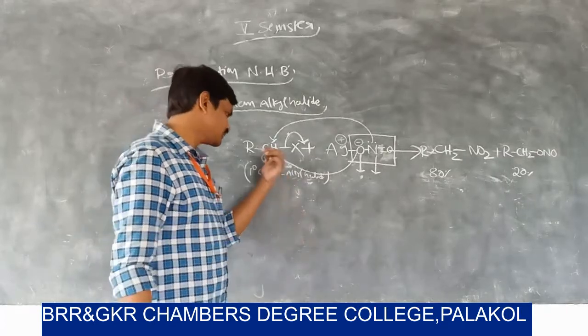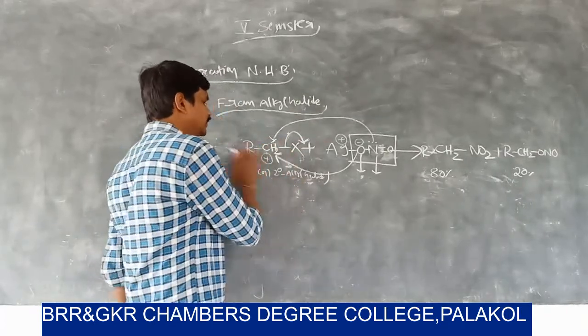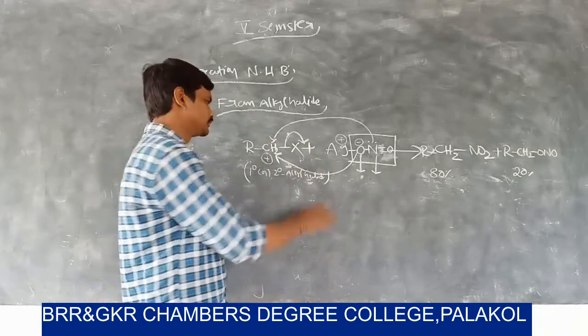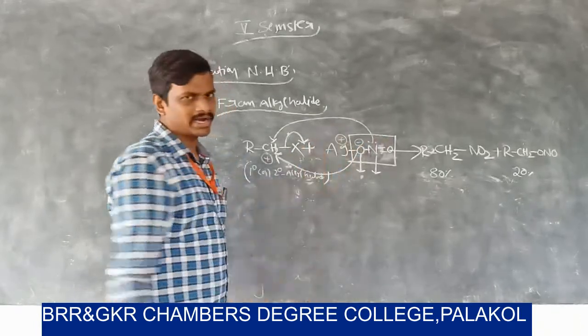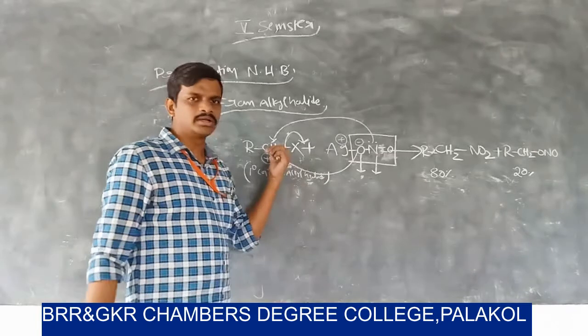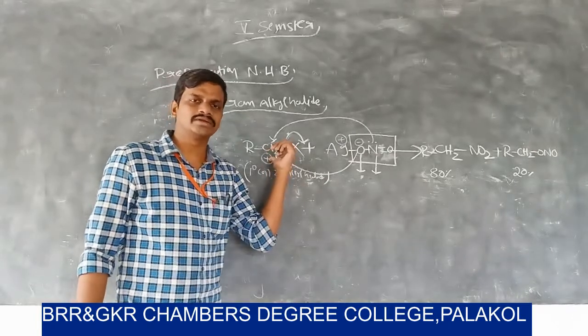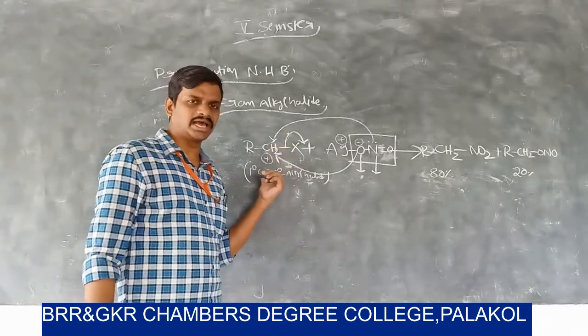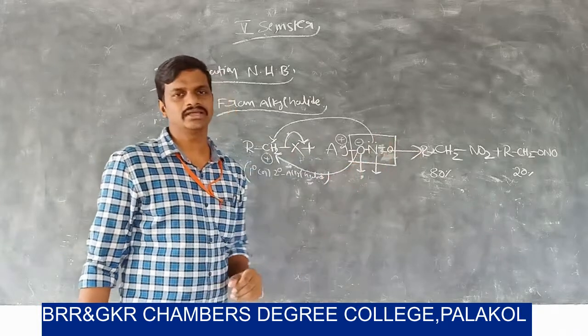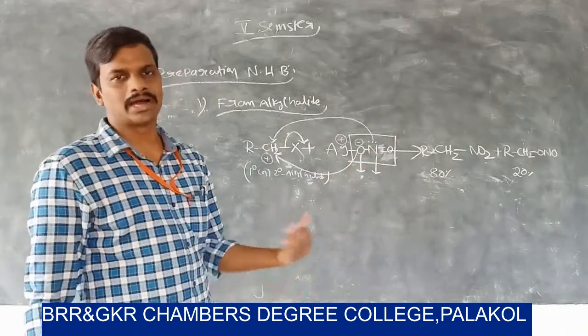If in this reaction I take a primary alkyl halide, we get a primary nitrohydrocarbon. If in place of primary alkyl halide you take a secondary alkyl halide, then we get a secondary nitrohydrocarbon.